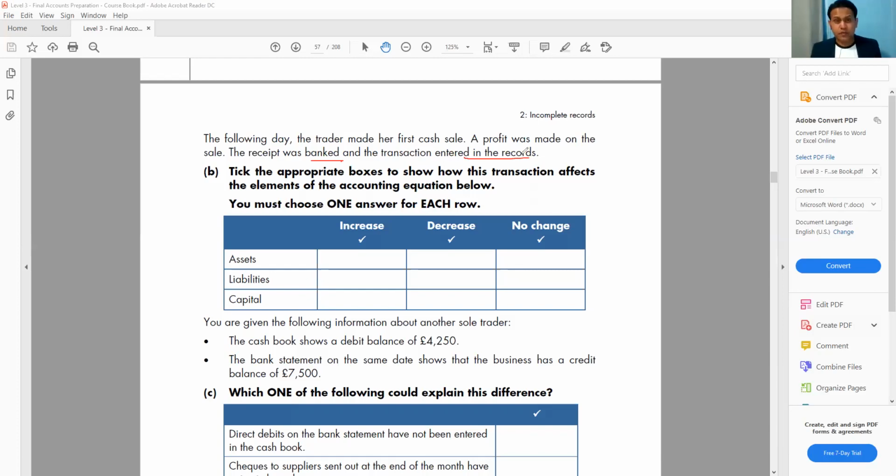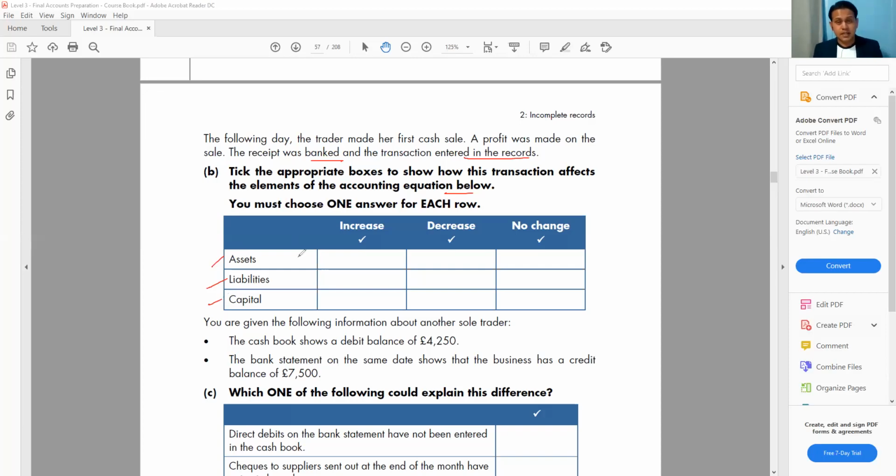When you make a profit and deposit it into the business bank, what actually happened? Check the appropriate boxes to show how this transaction affects the elements of the accounting equation below: asset, liability, and capital. If you deposit any profit into the bank, what will happen to the asset?